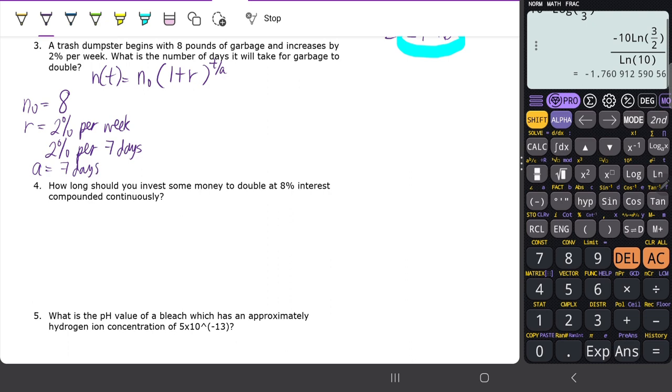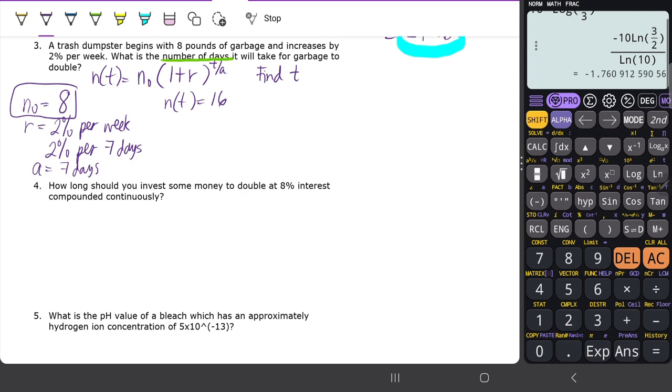Ang hinahanap natin is T, or the number of days. Ito yung unknown. Yung initial amount na 8 pounds ay magdodoble, so N of T will become 8 times 2, or 16.